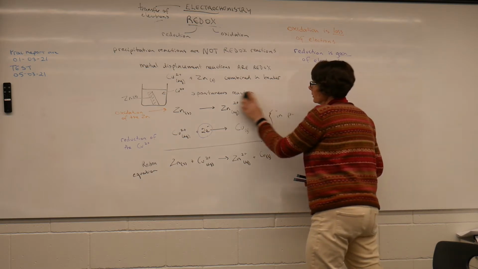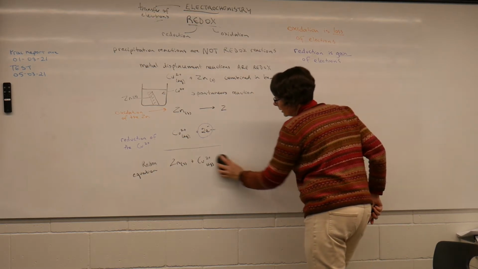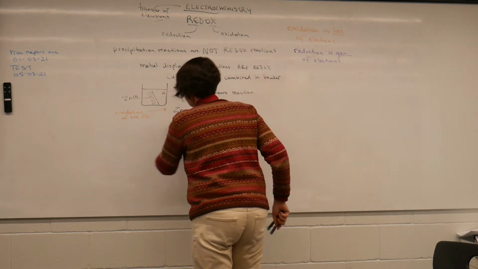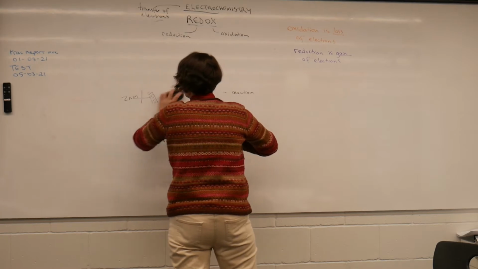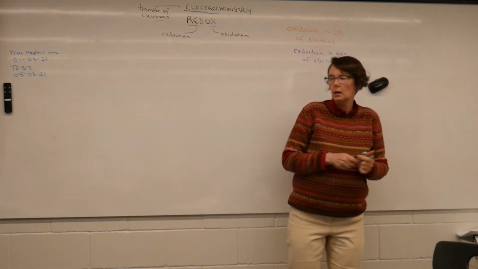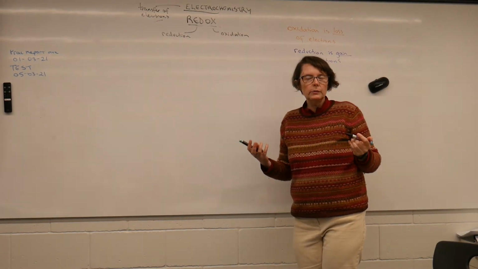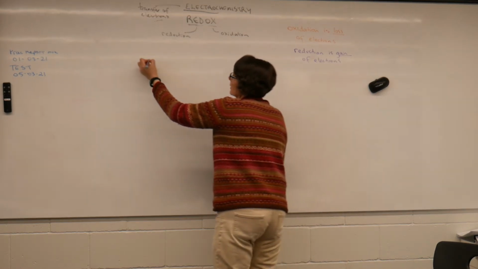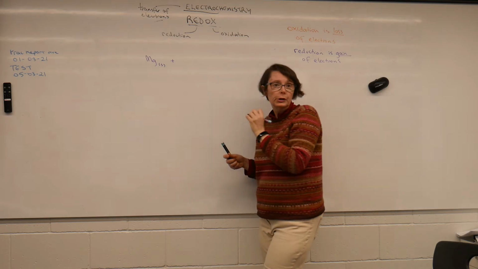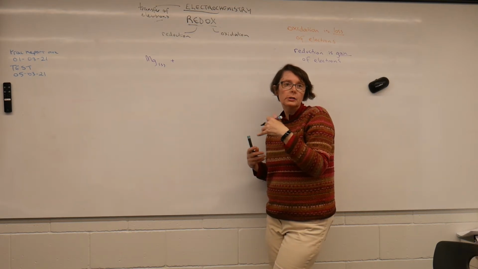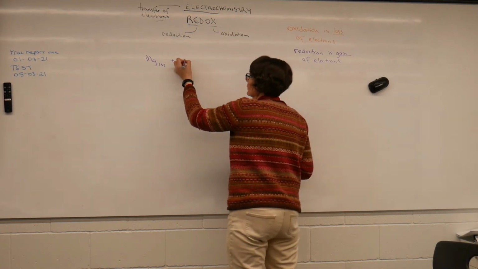Okay, so looking at oxidation, a reaction that we've done a couple of times: magnesium metal, and we burn it, yeah? And so it reacts with the oxygen in the atmosphere.